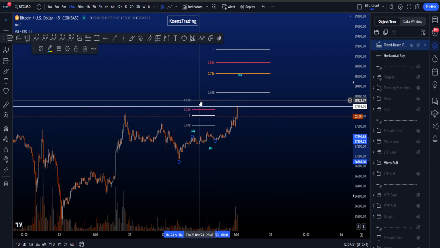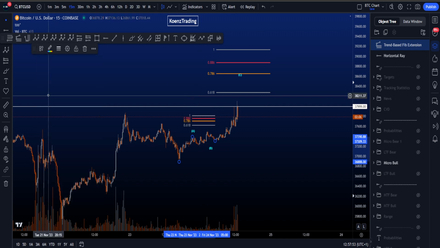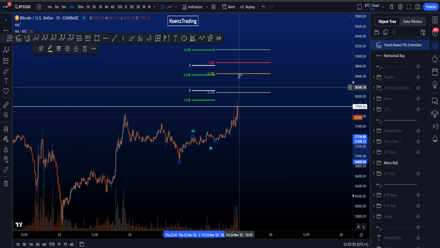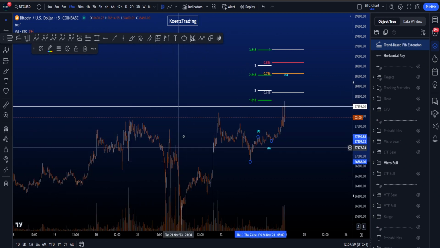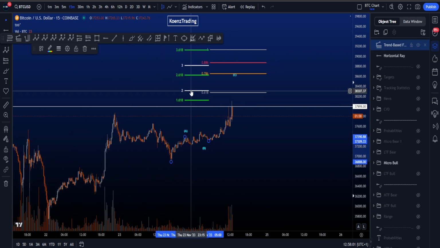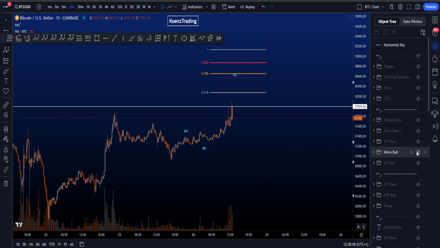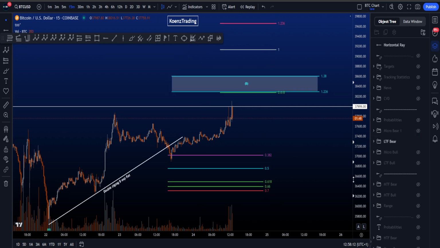The 1.618 is less common, but it can happen that a wave C can extend to almost wave 3 levels, as we have seen in this range as well, where the 1.618, 2.618, and even the 3 has been hit in this range. So there's definitely potential for a wave C. It's just less common to see a wave C go that far.